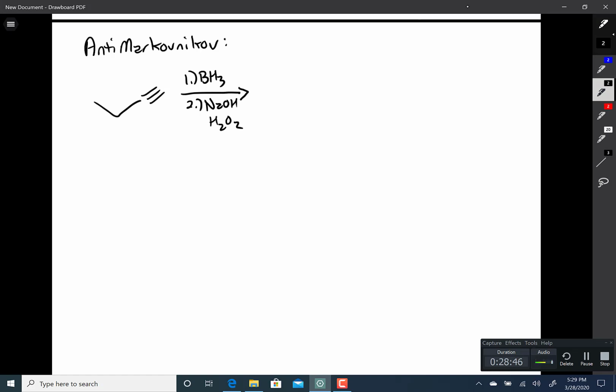The anti-Markovnikov is the same conditions for an alkyne as it is for an alkene. The mechanism is very similar to the mechanism for an alkene. So you start off exactly as you would. Pi bond goes to the boron.